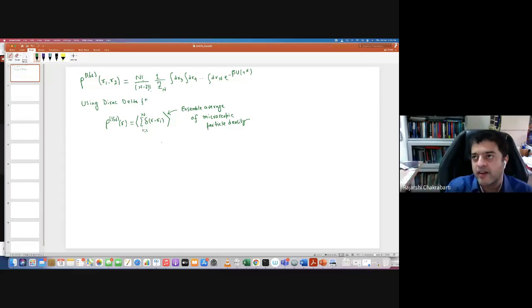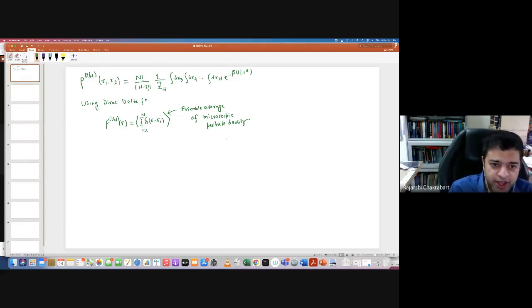That is this angular averaging. It is like an ensemble average, because the n particles are indistinguishable, but you have many such snapshots, and you have to average over all such snapshots. This is how the single particle density is defined in statistical mechanics. Okay, so this is very important. This is exactly what we did, but without using the delta function, in the last class.